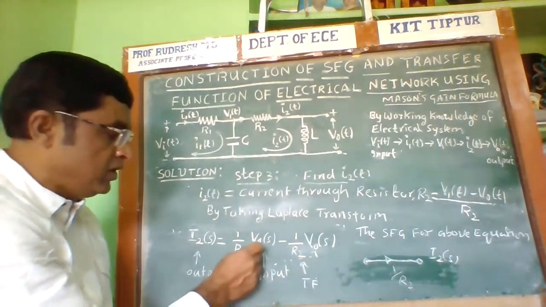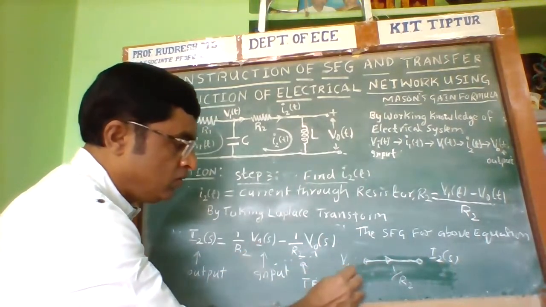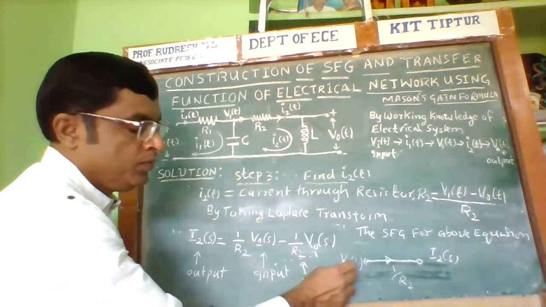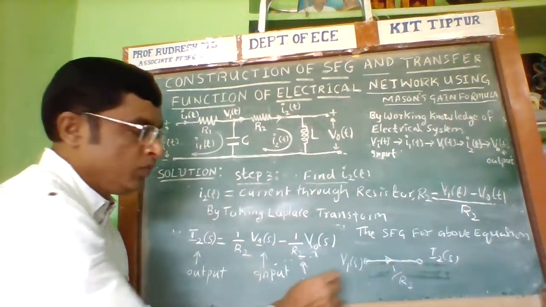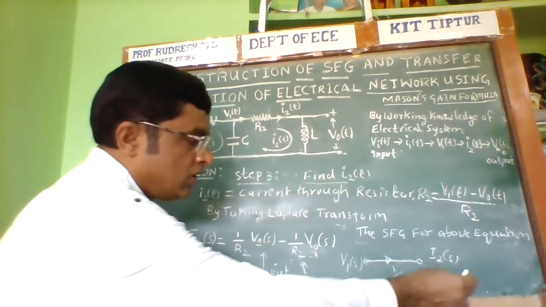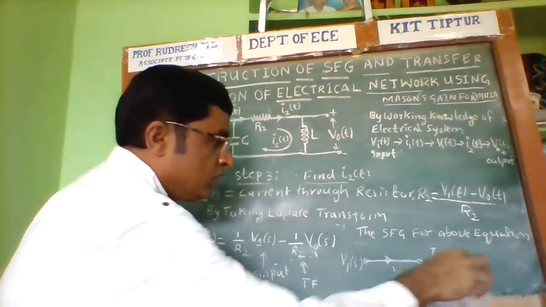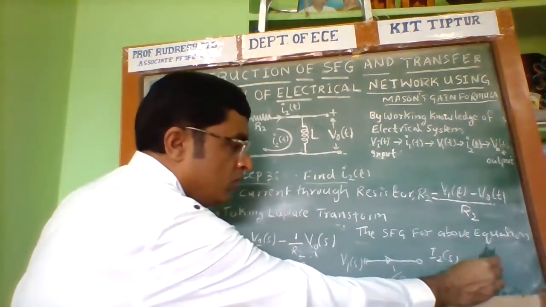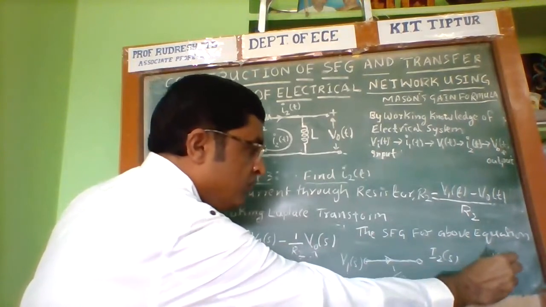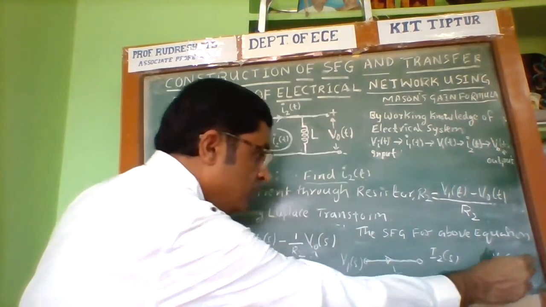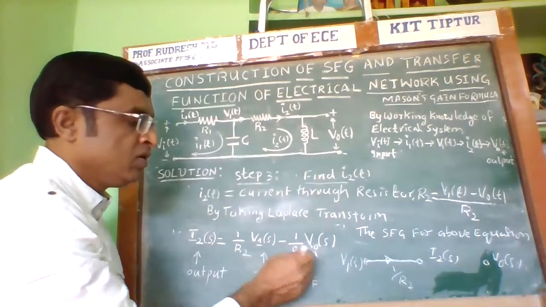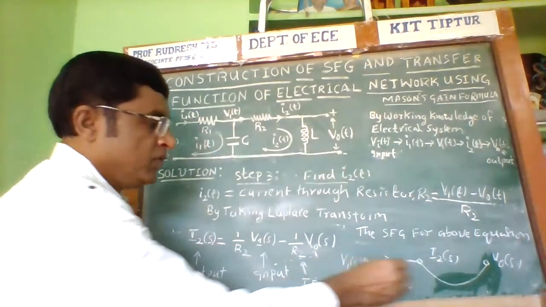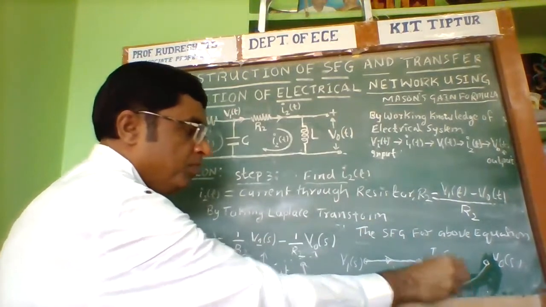So a variable V1 of s is assigned to the node. Now this is one of the inputs, and we will get this term. In order to get the other term, I should create another node and assign it V0 of s. Now this is also an input for this particular node.